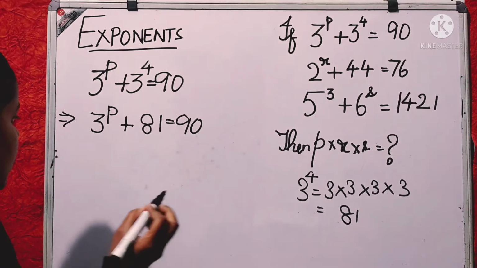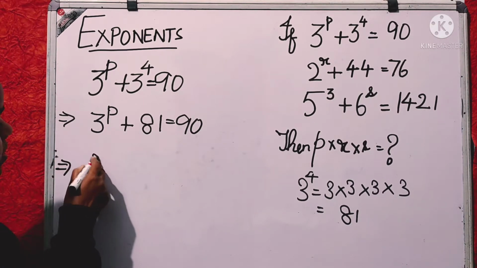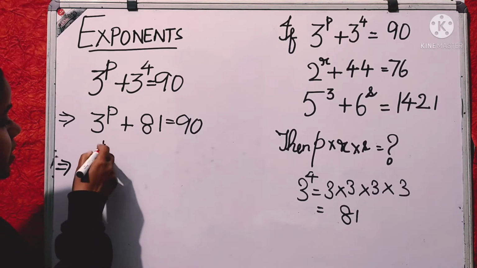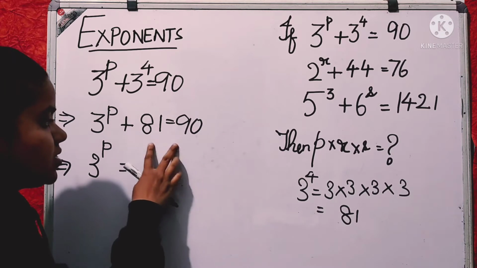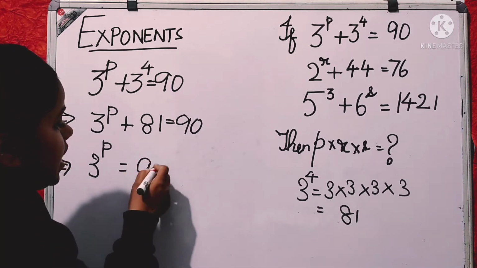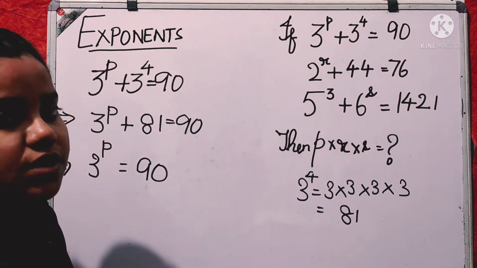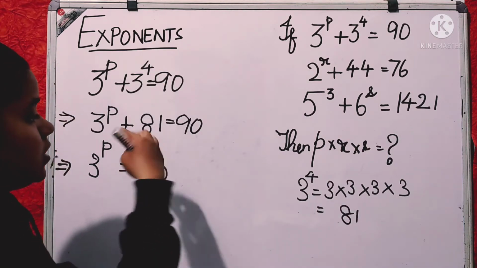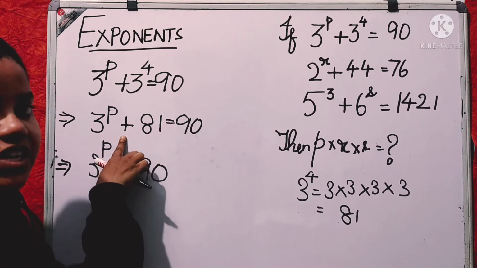Now this is 3 raised to the power P, and these two constants we have to put together. This would be 90, and we know that when this number goes to the other side of the equal to sign, the sign before the number also changes.